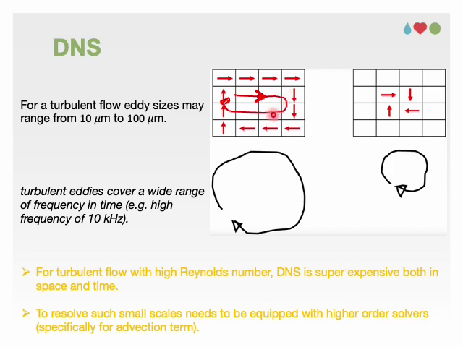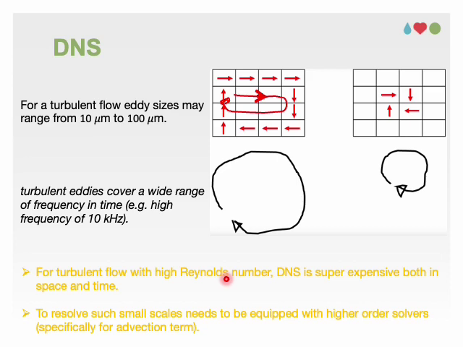However, the DNS approach has its own limitations. In turbulent flows with high Reynolds number, the eddy sizes can vary between 10 and 100 micrometers. Resolving such small eddies necessitates an extremely large number of grid points.